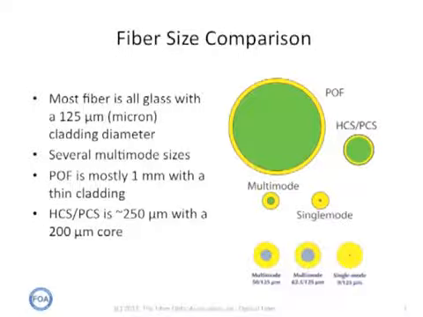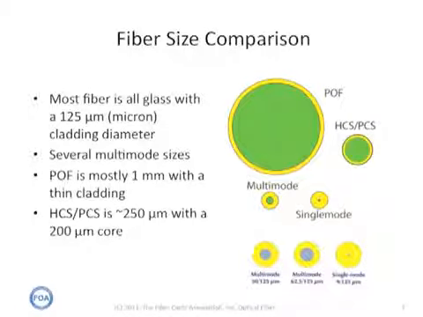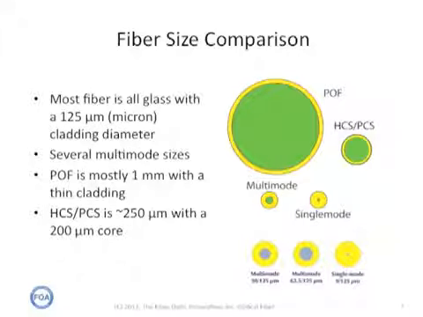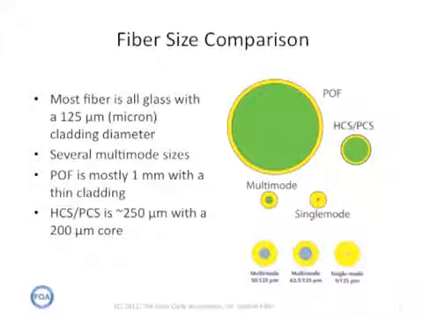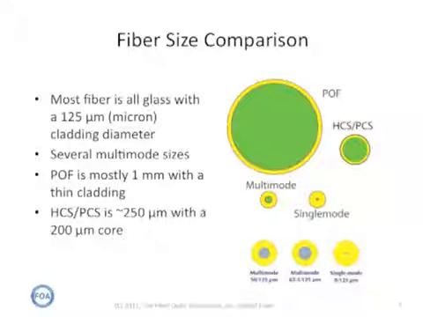There are different sizes of optical fiber, but the majority of all fiber is glass fiber with 125 micron cladding diameter. That's about 5/1000ths of an inch. There are several different multi-mode sizes with different core diameters, 50 micron and 62.5 micron being the most popular, although in the past we've had 85 and 100 micron cores.